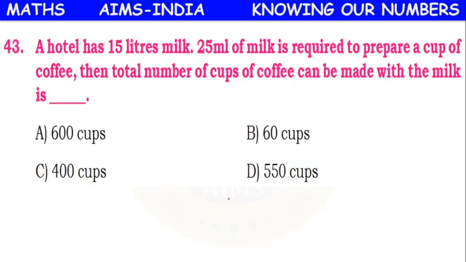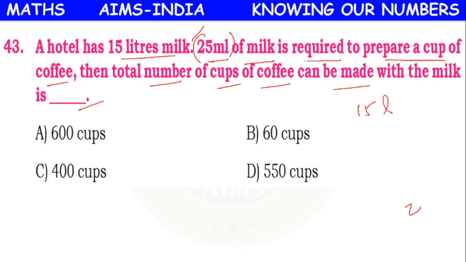Next. A hotel has 15 liters of milk. This is the first statement. Next, 25 milliliters of milk is required to prepare a cup of coffee. Then the total number of cups of coffee that can be made with the milk is what? In total there are 15 liters of milk, which means 15 into 1000 ml, so 15,000 milliliters of milk.